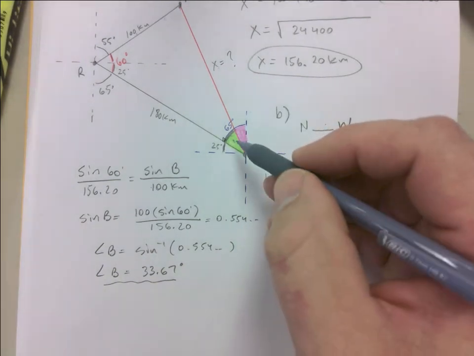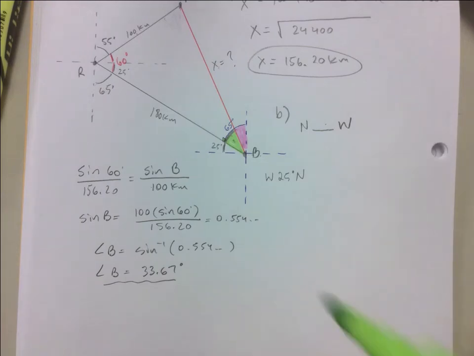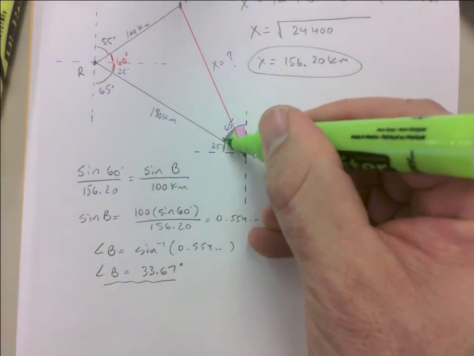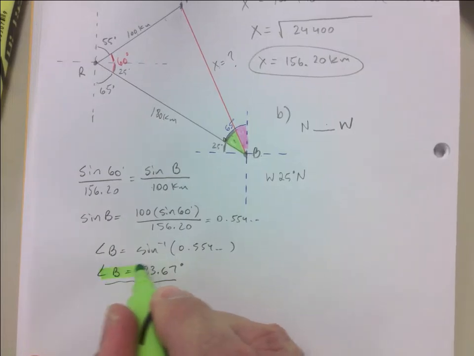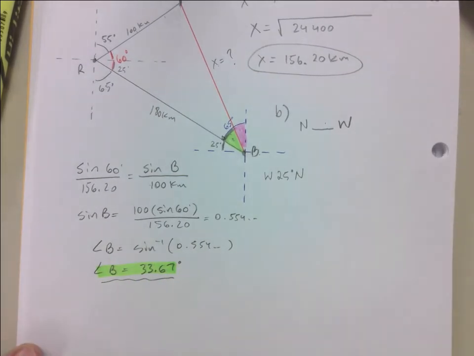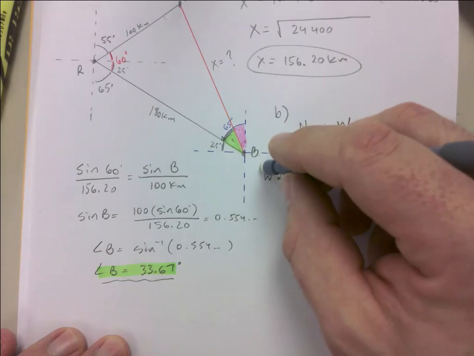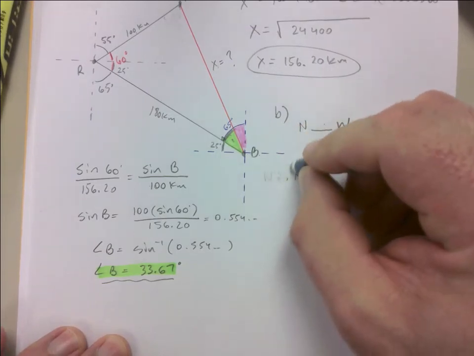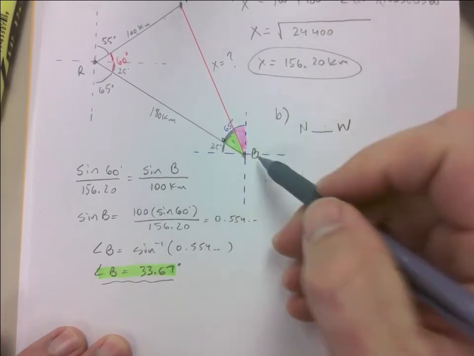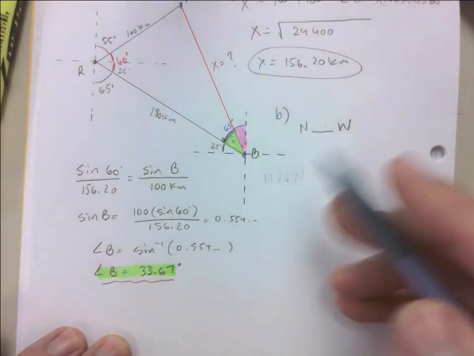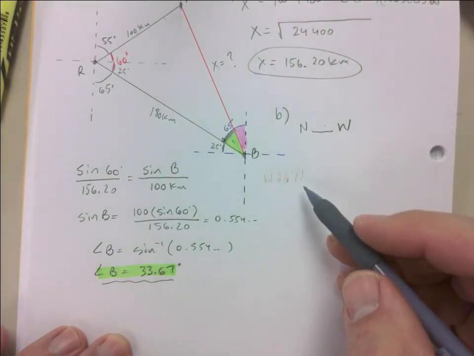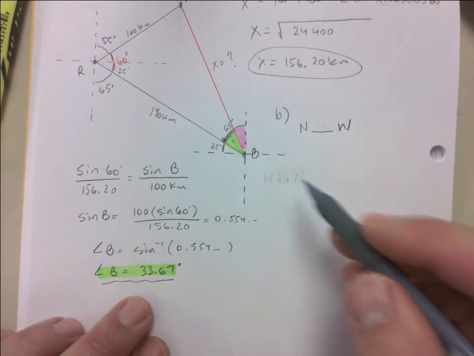So now I will use that color I used for the angle of that triangle and highlight it here. Get rid of the west 25 north. We don't want that there. That's not really the answer. That would be the compass direction from plane B to get to the radar station, right? That's what that would be. We don't want that.